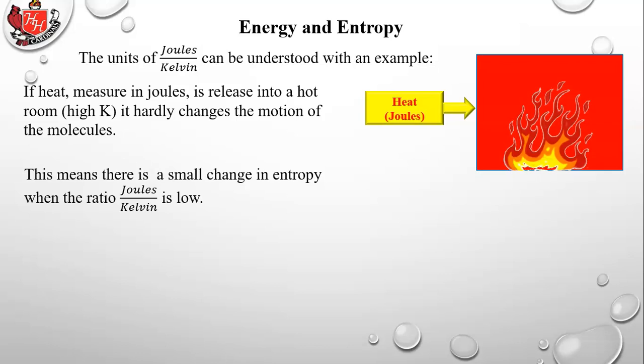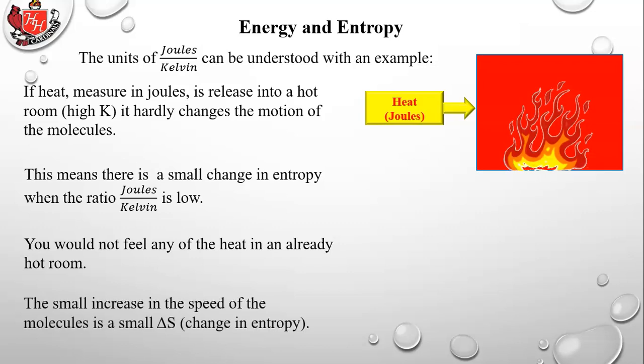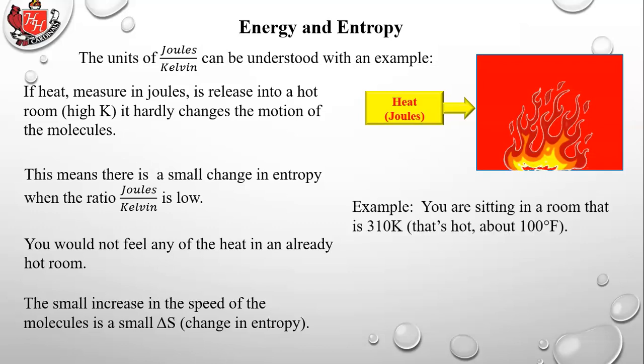Some more heat is only going to make them move a little bit more quickly, and that's going to increase the entropy by a very small amount. So you would not feel any heat in an already hot room. The small increase in the speed of the molecules is a small delta S, that is, change in entropy. Example: you're sitting in a room that is 310 Kelvin, and that's hot, about 100 degrees Fahrenheit.